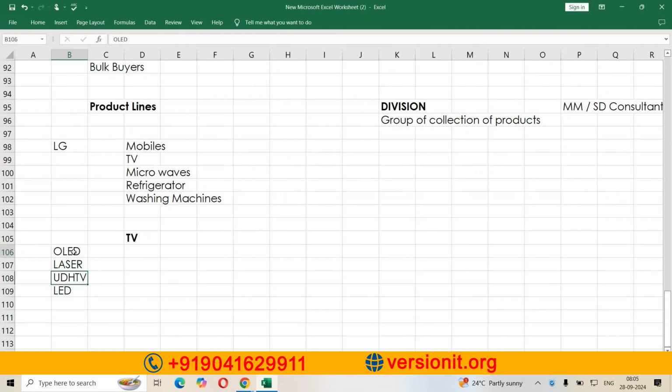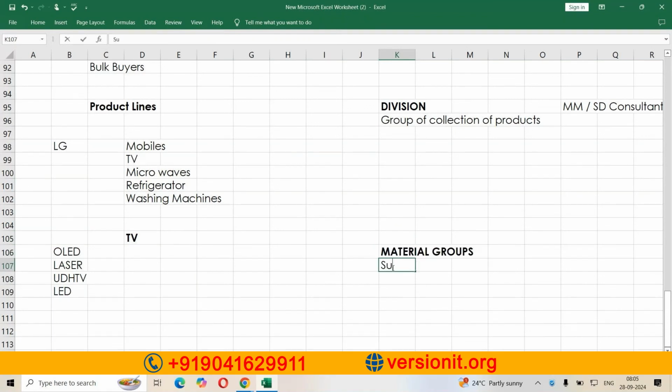These things are going to be mapped into SAP in the term material groups. These material groups are what we call a subdivision. Subdivision of a division, we call it material groups.